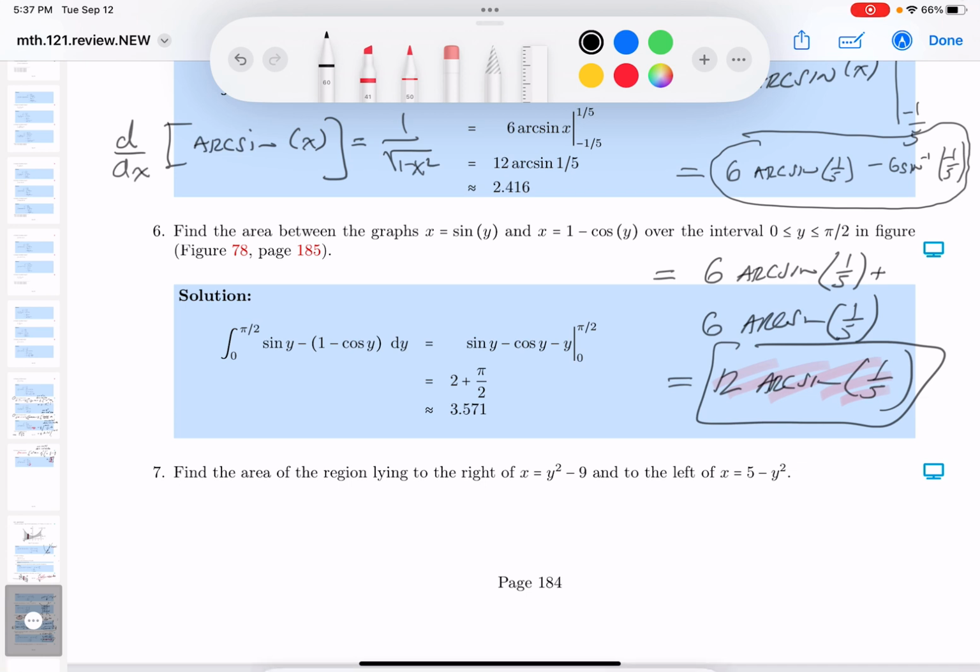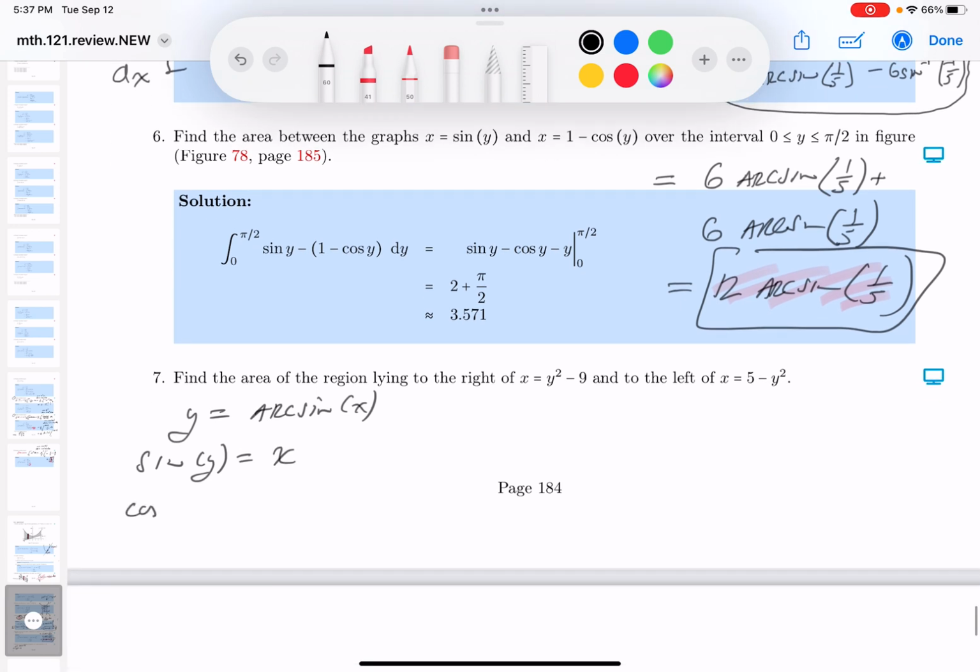So you would say, oh, y equals arc sine x. Then you would say sine of y is equal to x. Then you'd say, oh, cosine of y, dy dx is equal to 1. And then you'd solve for dy dx. And what would dy dx be? I'm just reminding you what you did in the past, by the way. It would be 1 over cosine y. All right? What do you get now?